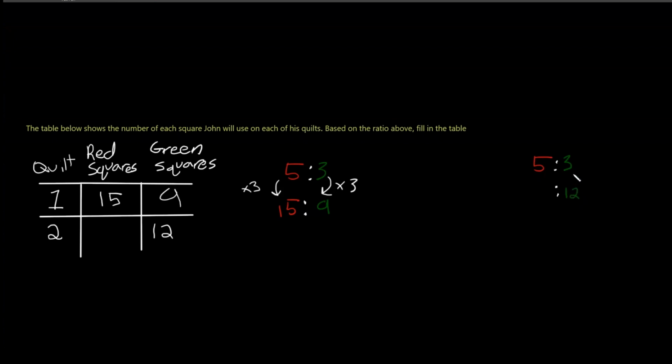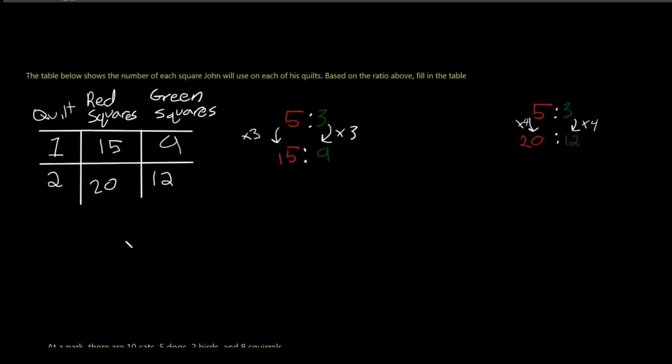So he has 12. 3 times what is 12? We can ask ourselves that, and then that would be 4. So we need to multiply this by 4. So in order to get the amount of red squares he uses in quilt 2, we need to multiply this by 4 as well. And 5 times 4 is 20. So the amount of red squares he uses in quilt 2 is 20.